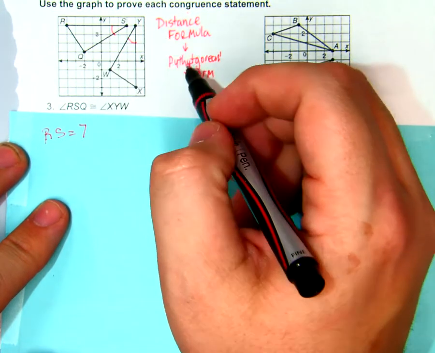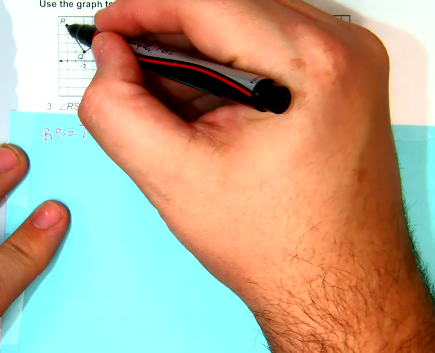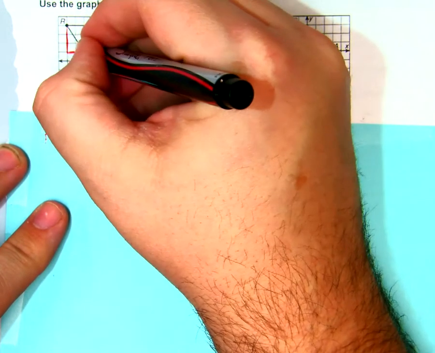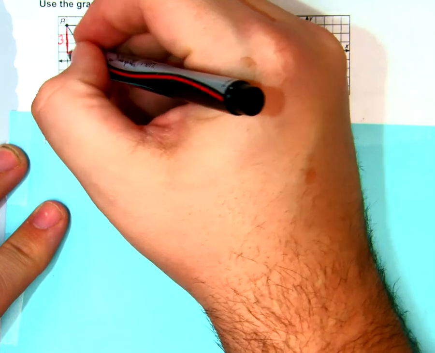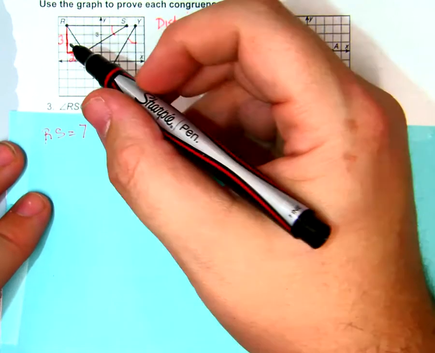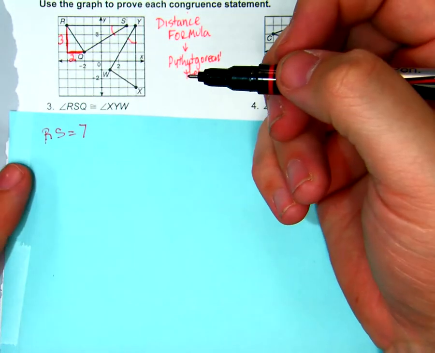Now for RQ, we can use the Pythagorean theorem by using the coordinates and using, well, not the Pythagorean theorem, but a distance formula. But the easiest way to do this is to drop the horizontal and the vertical and count them up. That's a 3, that's a 2. It's going to get you the same values from the distance formula.